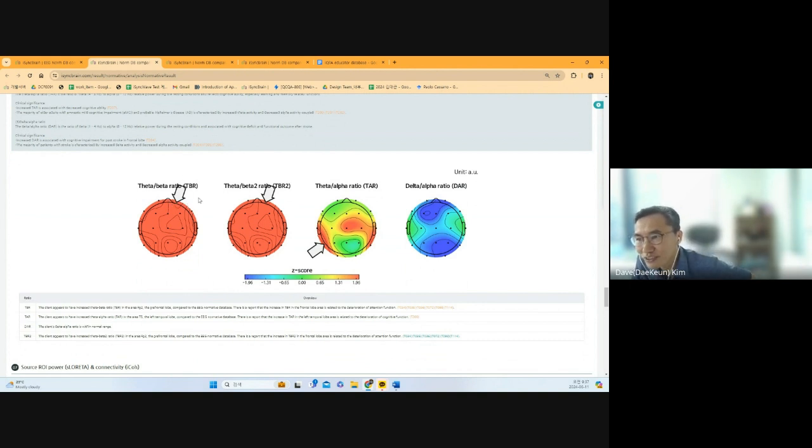Just in case there is no arrow, that means all the red values are below 1.96. But just in case, like here, we have an arrow, it means this is the maximum theta beta ratio, and the value is above 1.96.